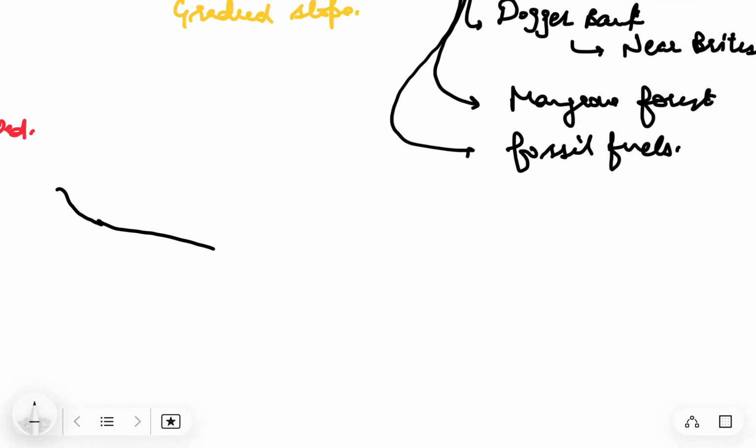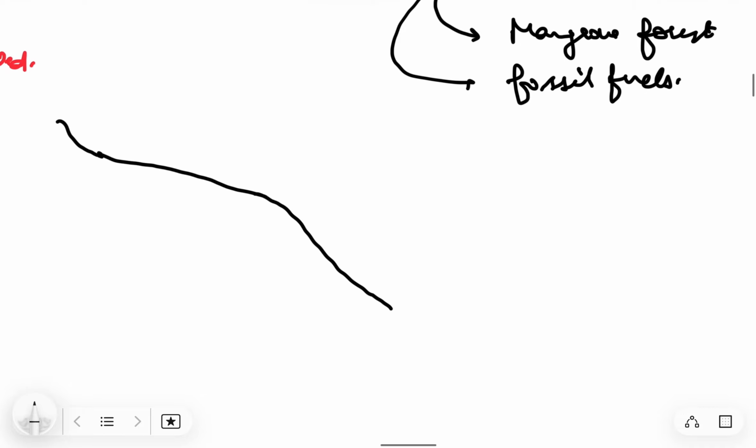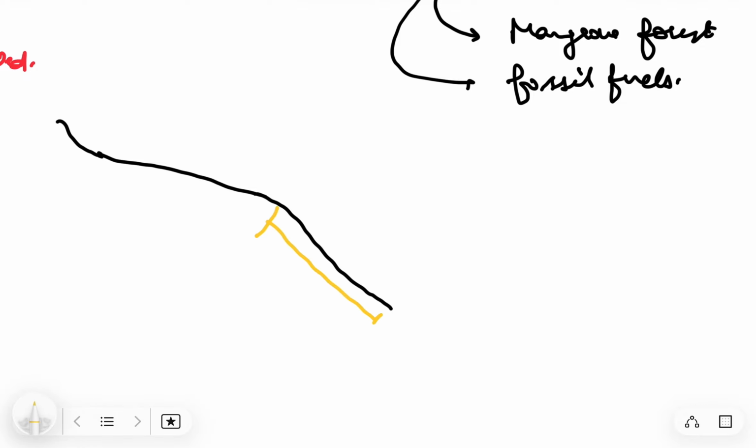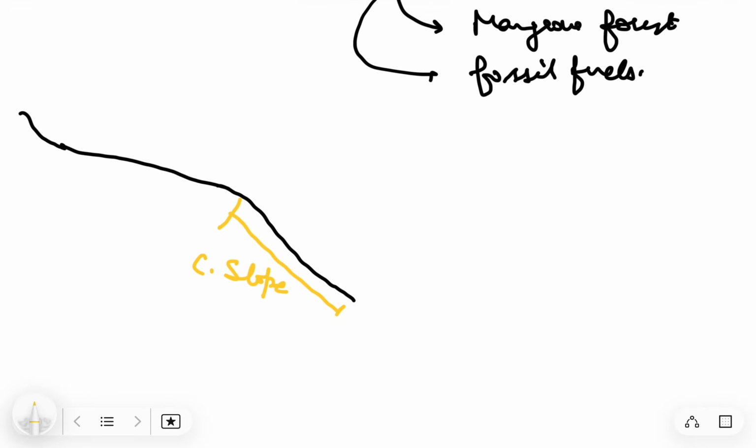After that, this is the land surface, this is the continental shelf, then we have the continental slope. This area is known as the continental slope. In this area, continental slope is of granitic nature.